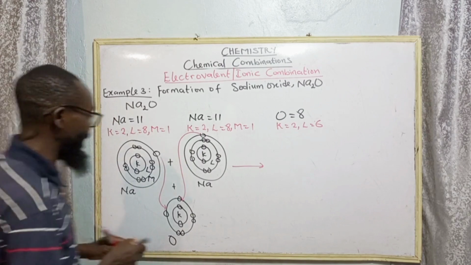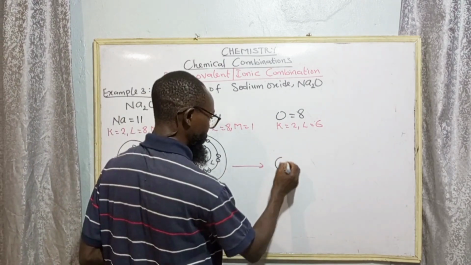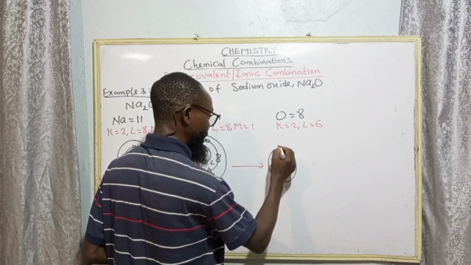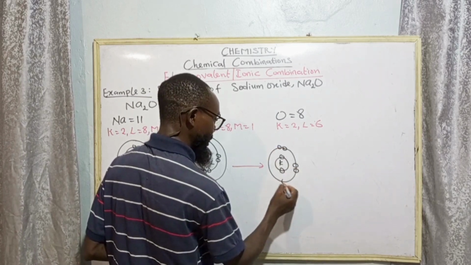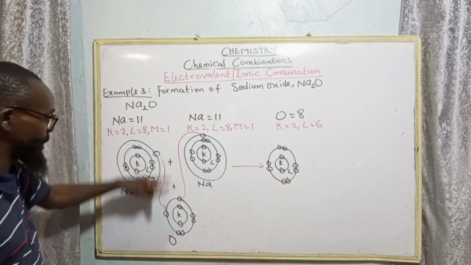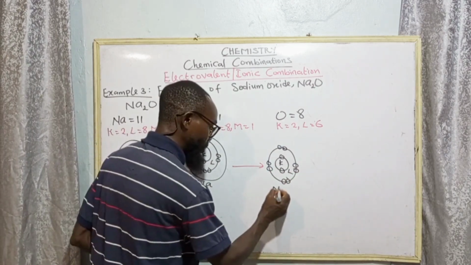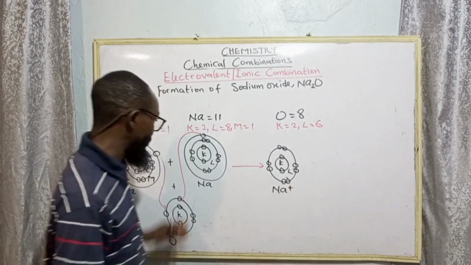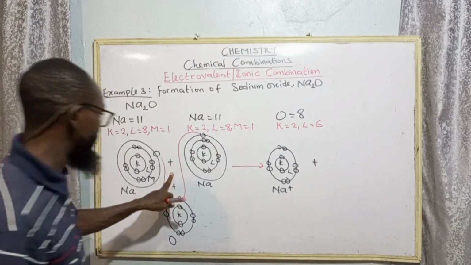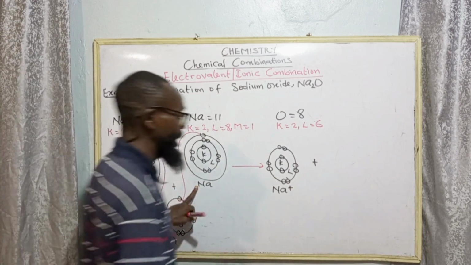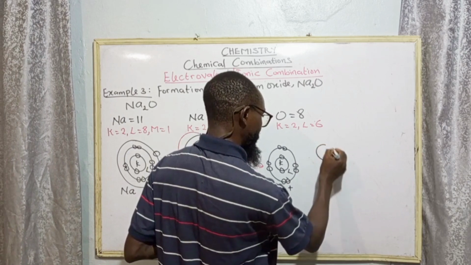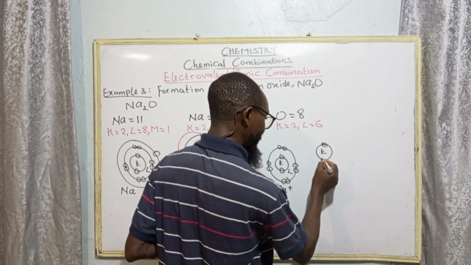So our sodium atom now forms something this way. K shell, L shell. So it has lost the outermost shell, which is the M shell. So now it forms sodium ion. This other sodium ion also lost one electron. It's a combination. See, they are combining together now.